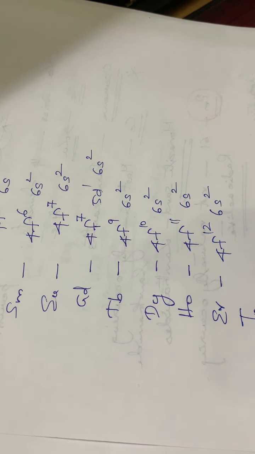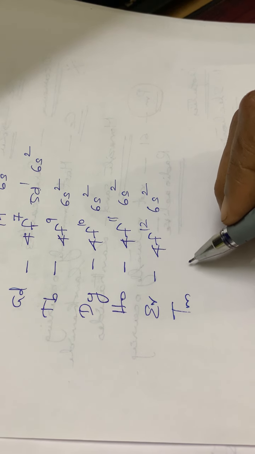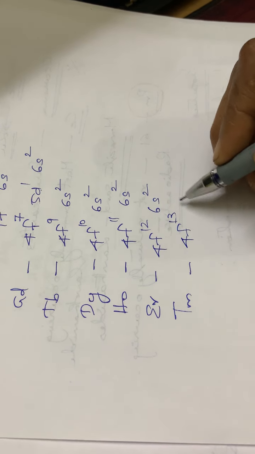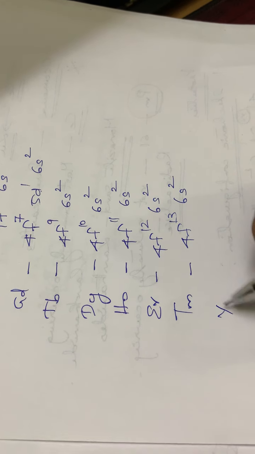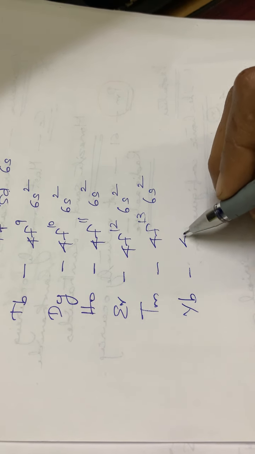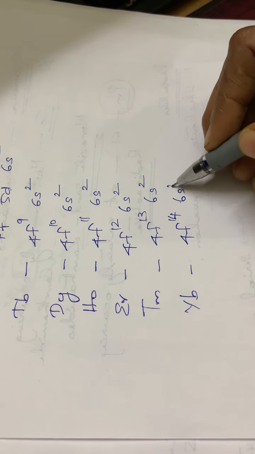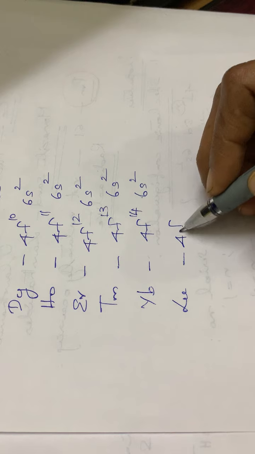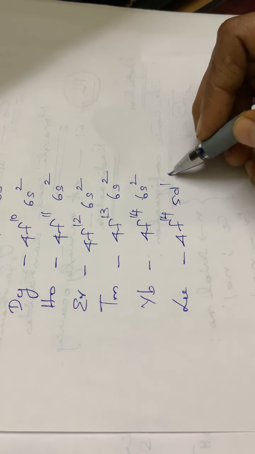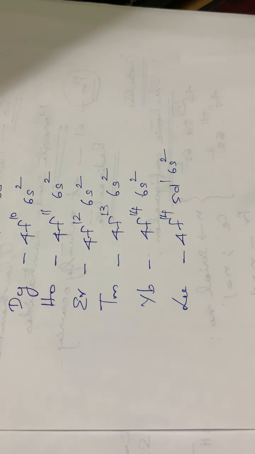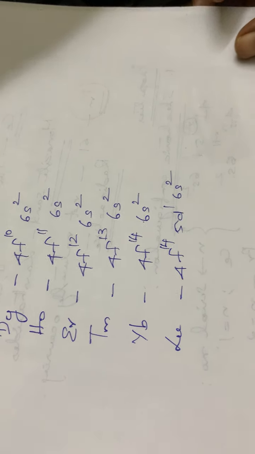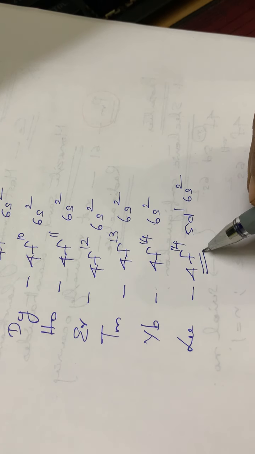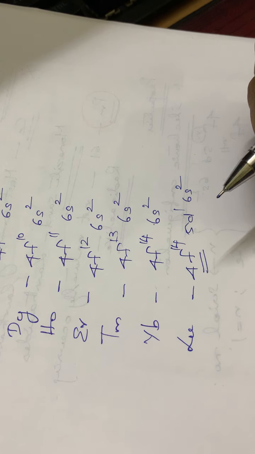Thulium, Tm, is 4f13 6s2. Ytterbium is 4f14 6s2. Then lutetium is 4f14 5d1 6s2. So this is the observed or actual configuration of these elements. See here, lutetium has a completely filled 4f14 configuration.